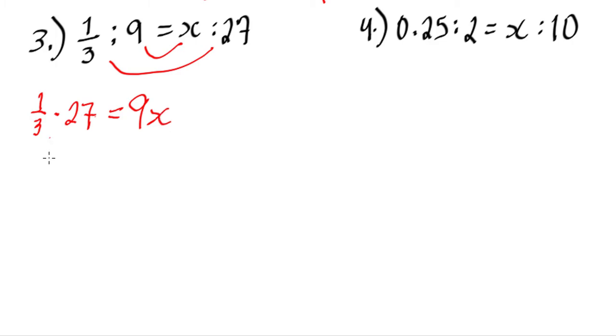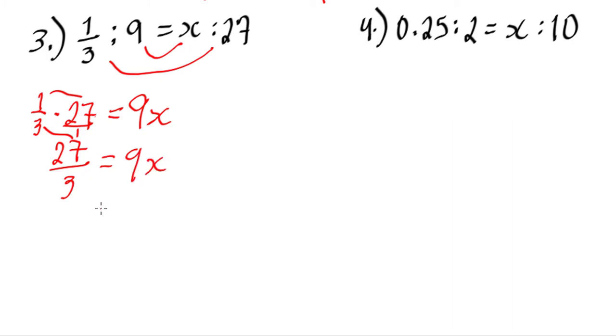Let's do the arithmetic in the left-hand side. 1/3 times 27 can be written as 27 over 3. Imagine 27 with a denominator of 1. We apply the rule in multiplying fractions: numerator to numerator, denominator to denominator. So 27 times 1 is 27, 3 times 1 is 3. So we have 27 over 3 equals 9x.